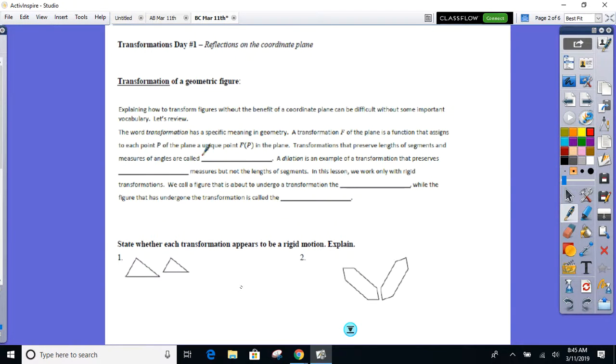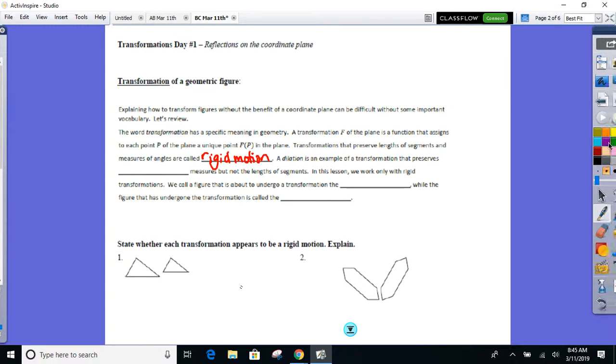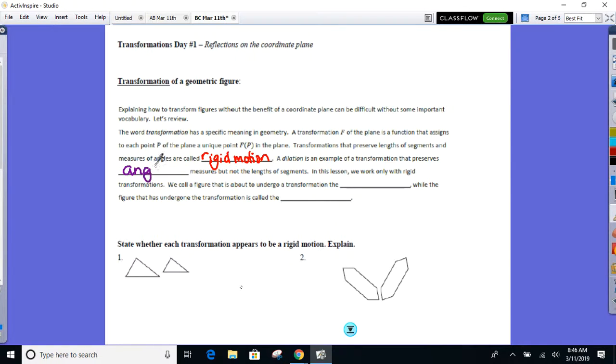Get used to that term this unit. That is any type of transformation that does not change size or shape of the figure. And there's one that does change size or shape, and that's a dilation. It won't preserve side length, but it does preserve what? Angle measure when you dilate.